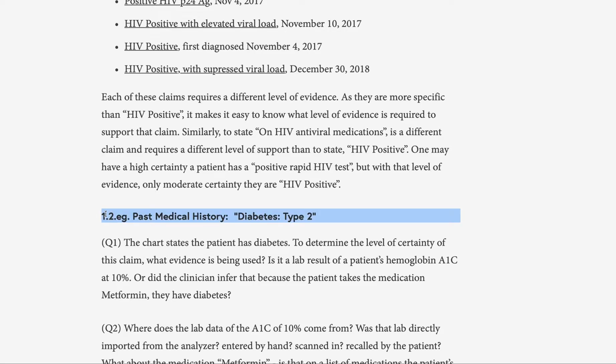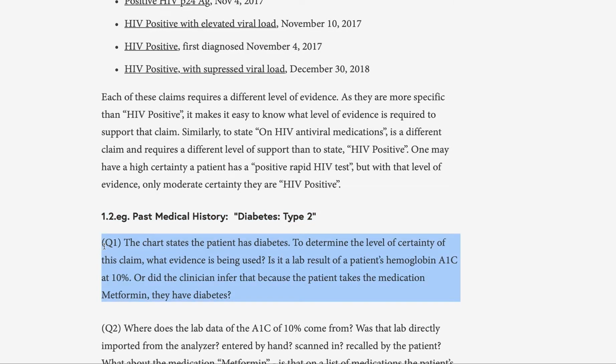For instance, a patient with type 2 diabetes. So the first part of the question, again: the patient's chart states they have diabetes. Well, what is the evidence? What level of certainty can be given to this claim? Is the claim that the patient has diabetes a result of the fact that their hemoglobin A1C result is 10%, which is grossly elevated and therefore strongly supports the diagnosis?